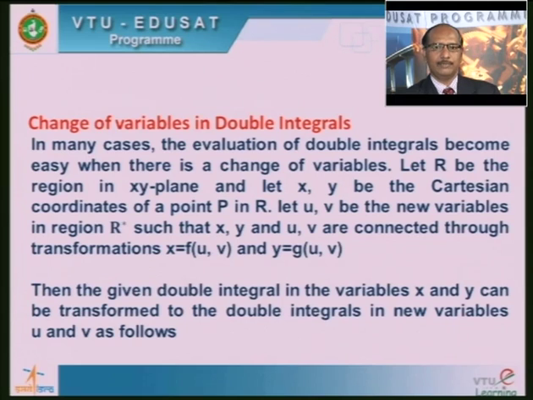Let x, y be the Cartesian coordinates of any point P in the region R. Let us introduce two new variables, u and v, in another region R star, such that xy and uv are connected through the equations: x is a function of u and v, and y is also a function of u and v.